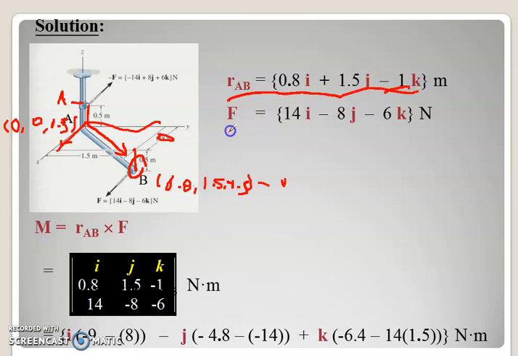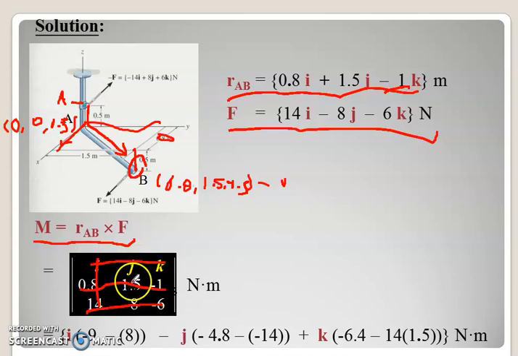Your F is already given here, so just do the cross product operation to find the M. As usual, set up this matrix. The first line is the Cartesian vector for R, and the second line is for F. Then do the cross product operation. If you want to find the I component, eliminate this line and do the cross product operation for this one.